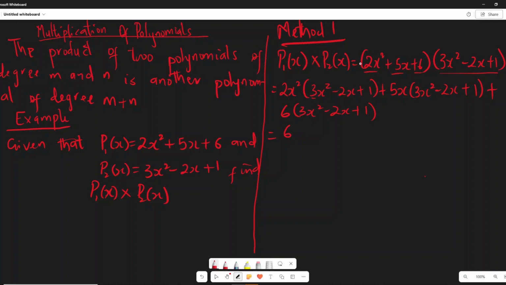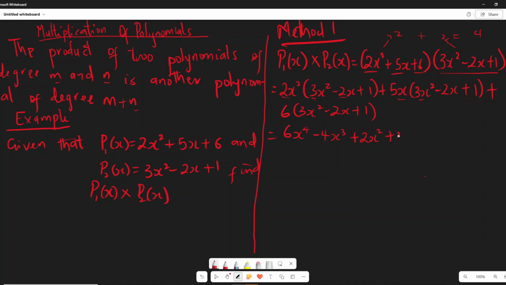Remember the rule. The product of two polynomials of degree m and n is another polynomial of degree m plus n. So the highest degree we'll be having is the addition of these two and these two. Right? 2 plus 2 is supposed to give me 4. So the highest power should be 4. 2 times 3 is 6. x squared times x squared is x to the power of 4. 2x squared times minus 2x is minus 4x cubed, plus 2x squared times 1 is 2x squared.